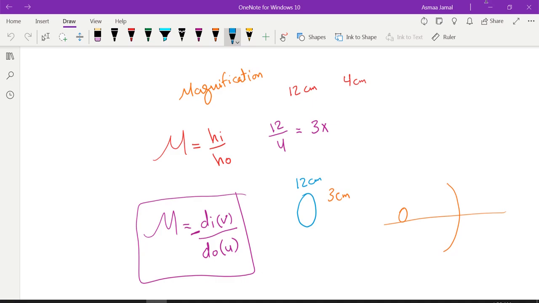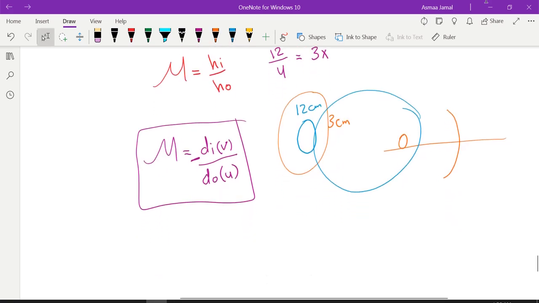We will depend on the ratio of the image distance to the object distance. Both are in front of the mirror, that means the magnification here equals minus 12 divided by minus 3.